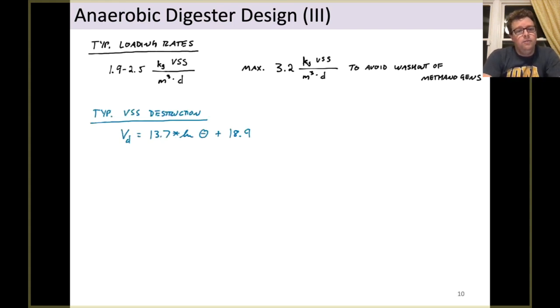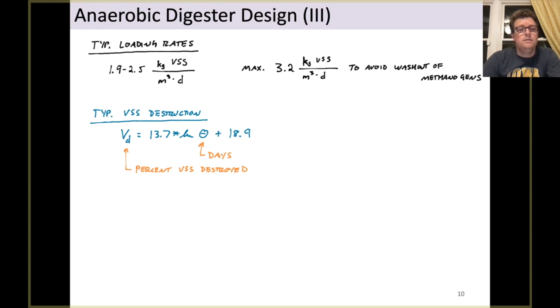How much of those volatile suspended solids are we able to actually process or destroy? One approximation is given here. You'll notice it's got that design time on the right-hand side, theta in days, and the equation written here, 13.7 times the natural log of theta plus 18.9.